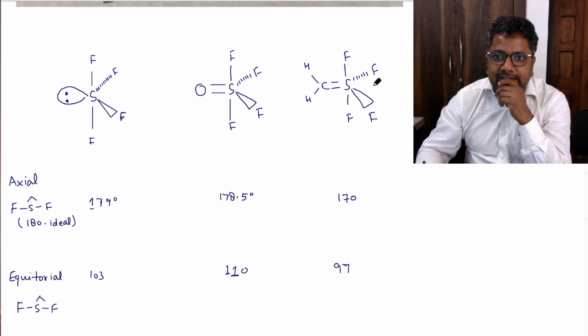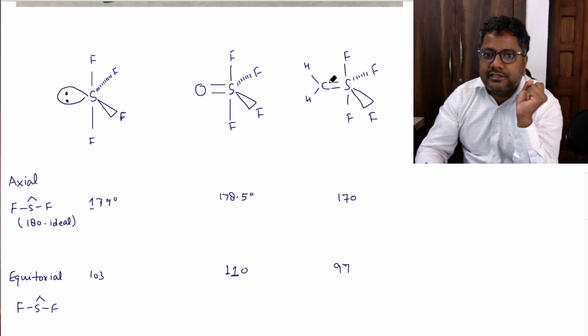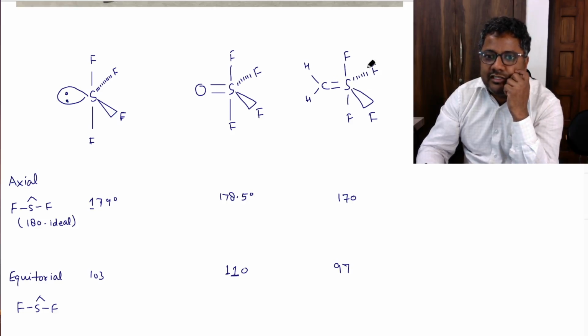See, in this case, this FSF axial bond angle is 170 degree. And suppose this is pushed by this C double bond, this pi bond, to this side, so this decreases. When this is pushed this side, it will push this fluorine and this fluorine as well.